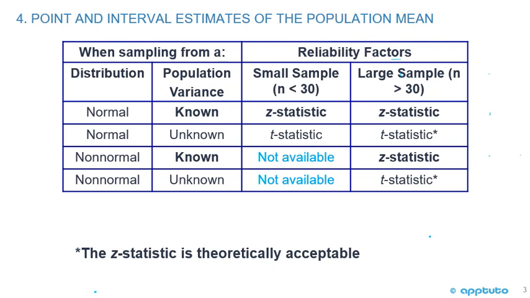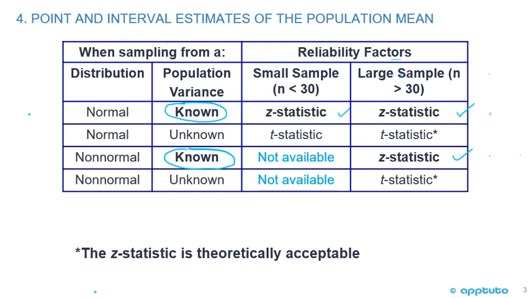This chart will help you consolidate your understanding. Let's look first of all at when we can use the z-statistic. We can use the z-statistic here, you can see, only when the population variance is known. If the population variance is known, then you can use the z-statistic, okay?